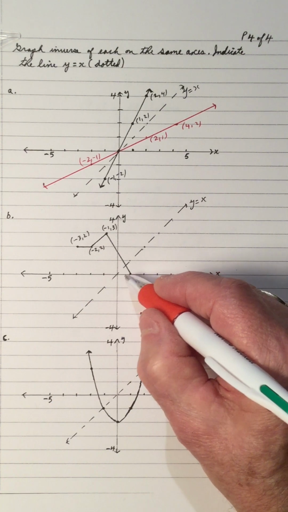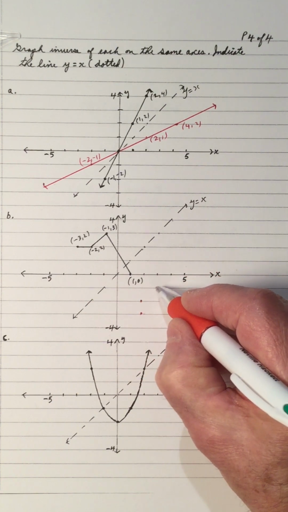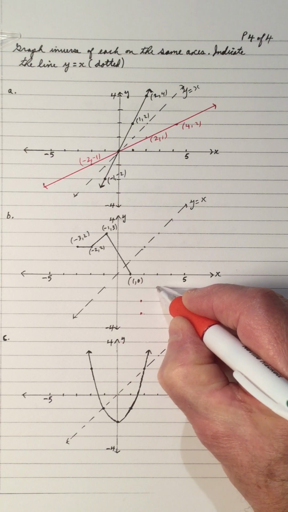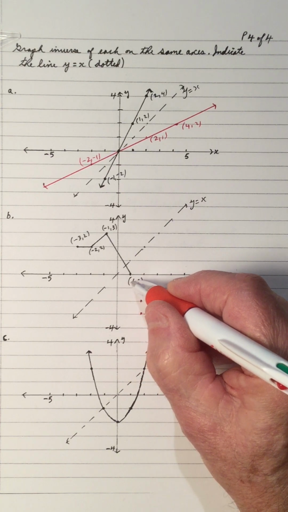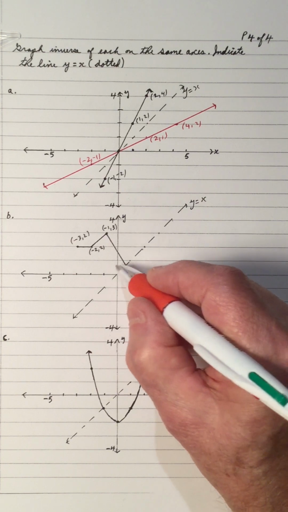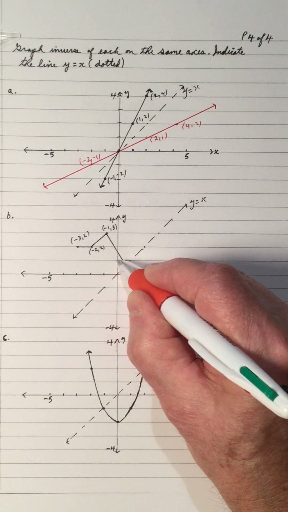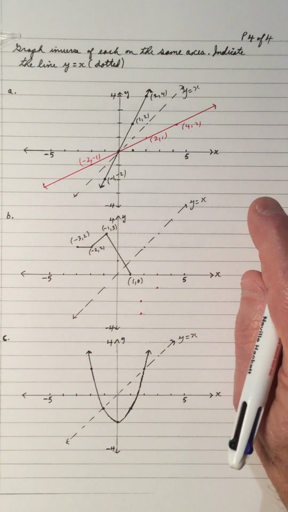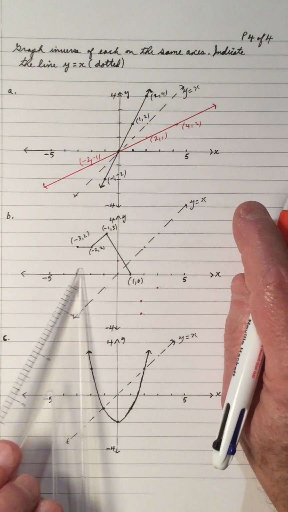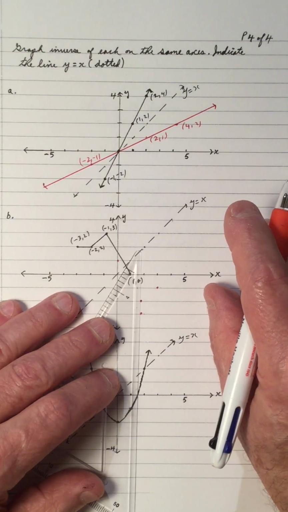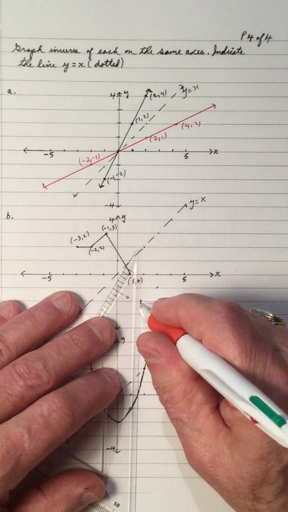So we have 3, -1 right here, and this one is 1, 0 is 0, 1. So we'll draw that shape, but it's reflected. So we go from dot to dot.